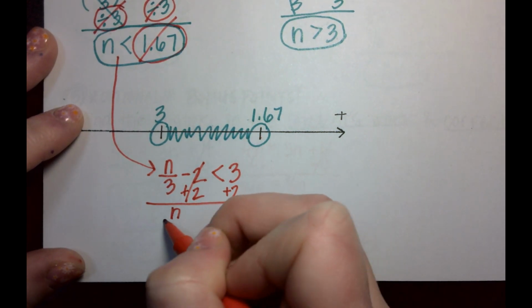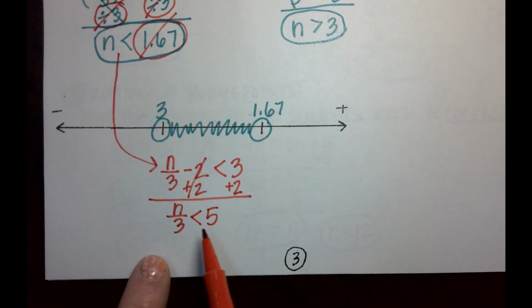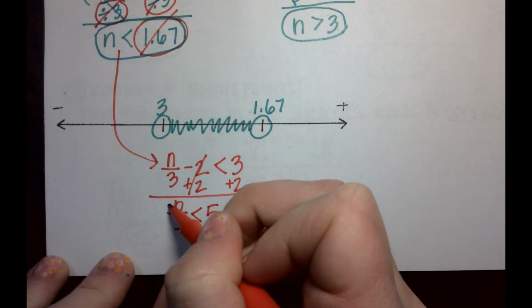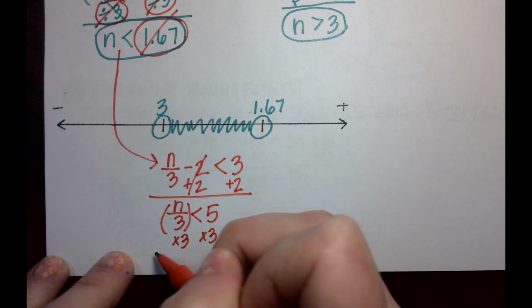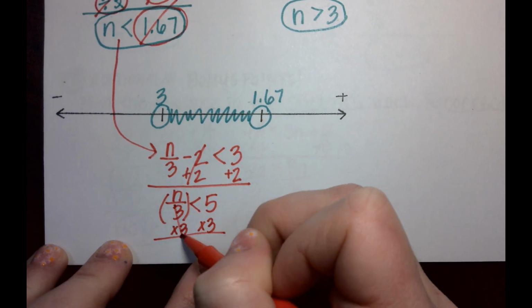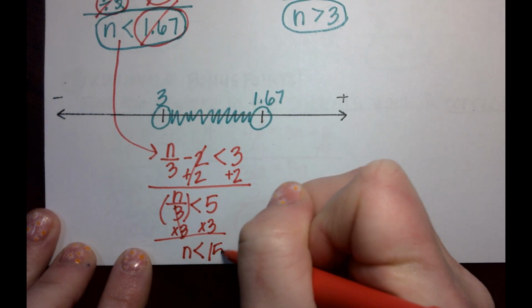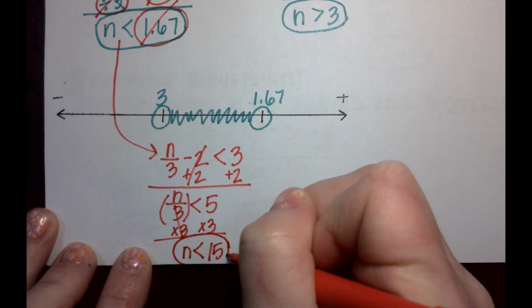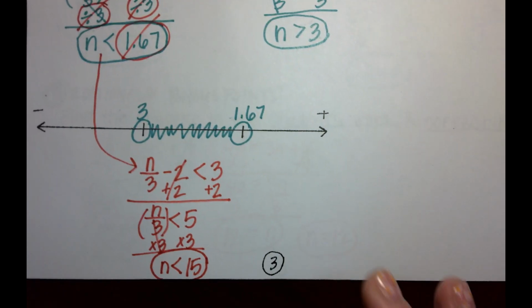And then we have n over 3 is less than 5. And you said we should be multiplying by 3, not dividing. N is less than 15. Good, so then we get n is less than 15. That's what the answer should be.